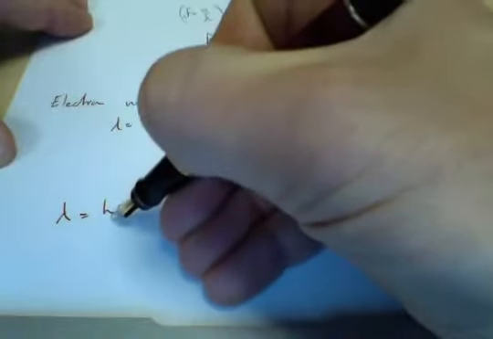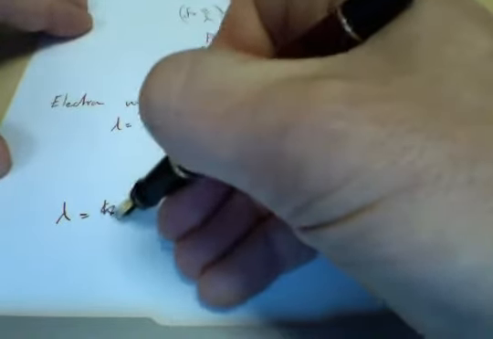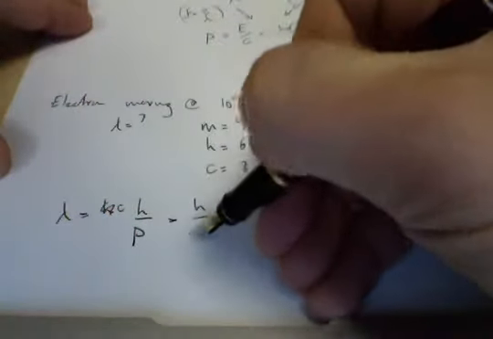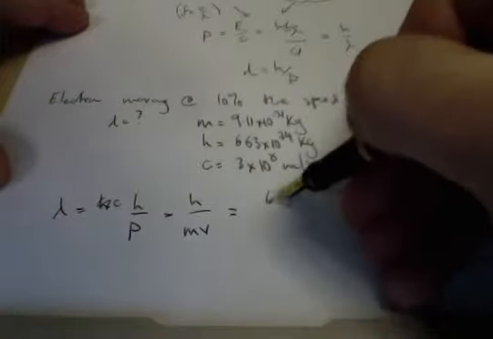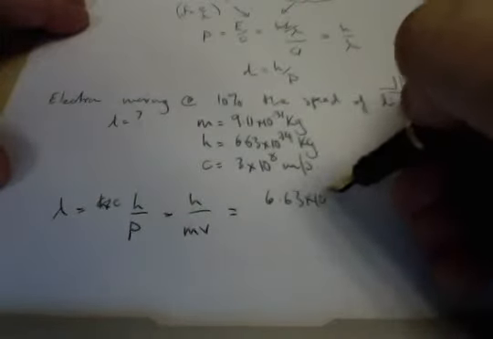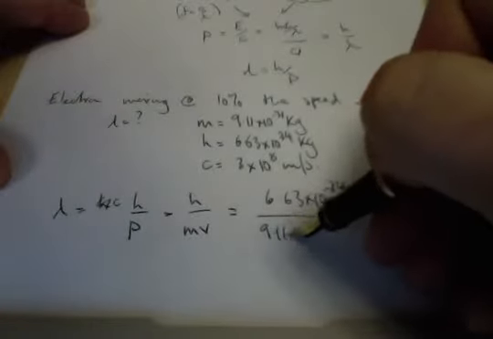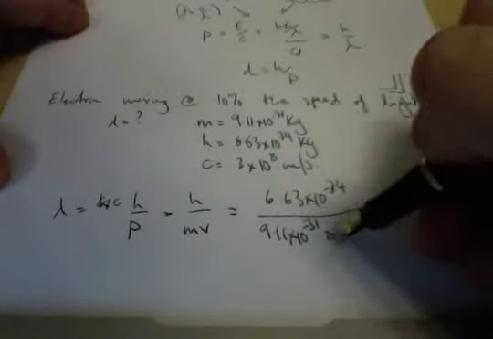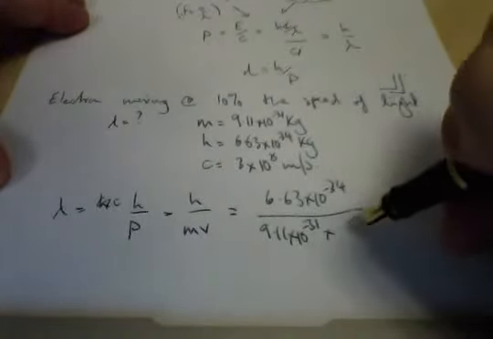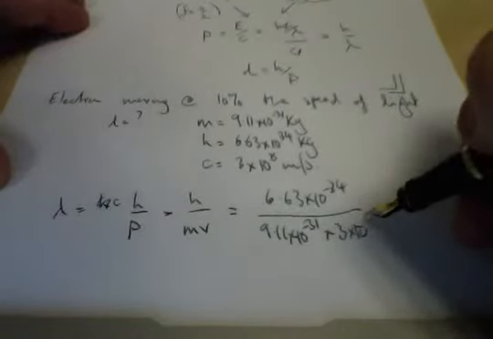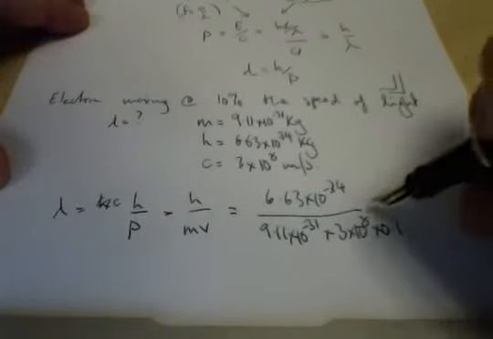So, what's our wavelength? Well, our wavelength is going to be h over p, h over mv, which gives us 6.63 times 10 to the minus 34, divided by 9.11 times 10 to the minus 31 times, and now we're at 10% speed of light, so 0.1.